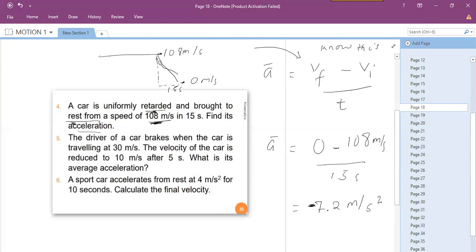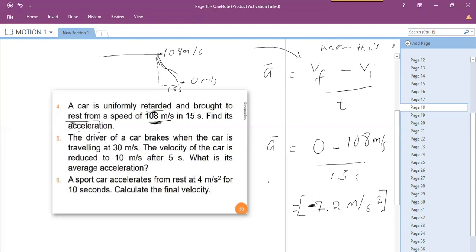It's negative here because it's retardation, so we take the positive value. We won't write negative 7.2. The negative means it's moving in the opposite direction. Imagine when you are in a vehicle and the driver applies the brakes, you'll be undergoing retardation or deceleration. It's not that you're actually moving backwards, but there's a force of friction pulling you back. The forces of friction are greater than the forces driving you forward.